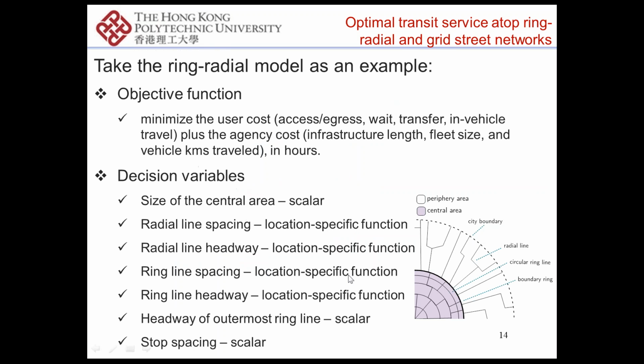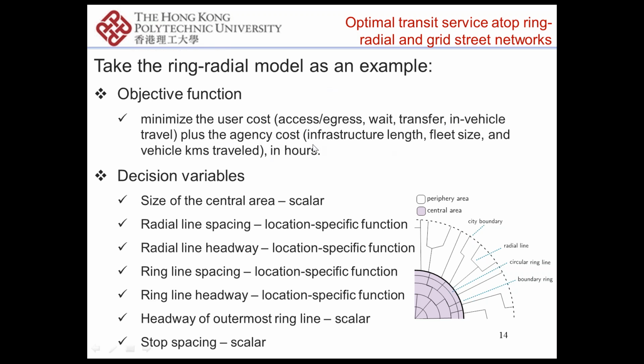So our objective function will be to minimize the generalized cost, including the user cost and the agency cost. The user cost will include the cost spent accessing or egressing the transit system, the waiting cost of a passenger at the original stop and the transfer stops, the transfer penalties, and the time cost spent in vehicle travel.